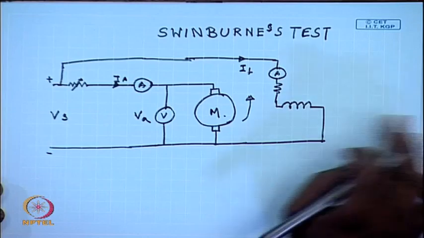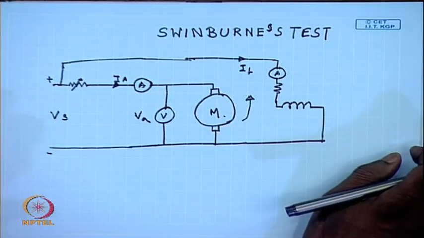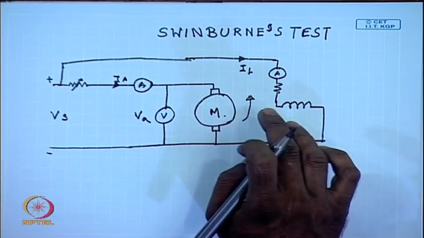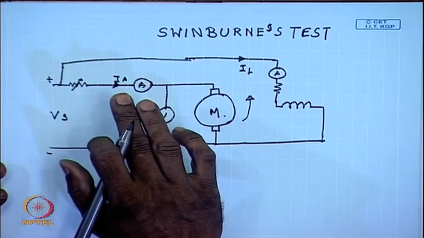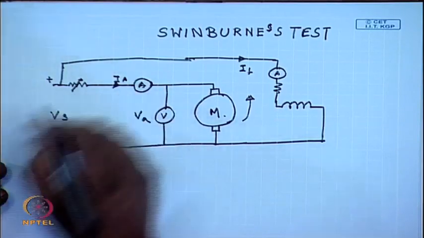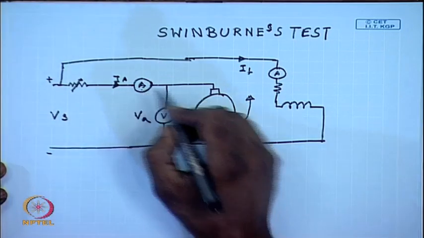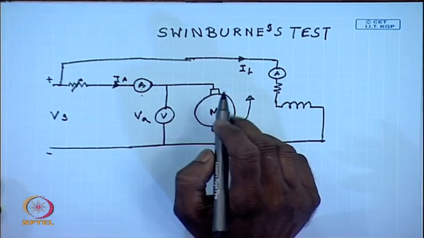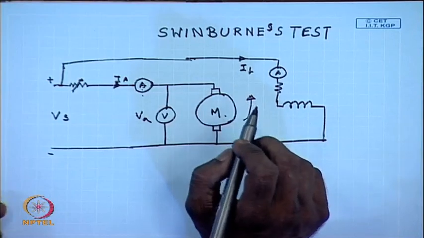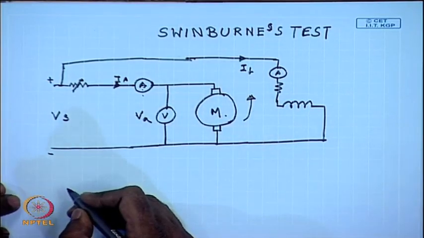With rated field applied, if the machine operates at no load, then in the motor mode it will operate at slightly higher than the rated speed. In order to bring down the speed to the rated value, this armature resistance is included. Now, the armature reading is the no load armature current.